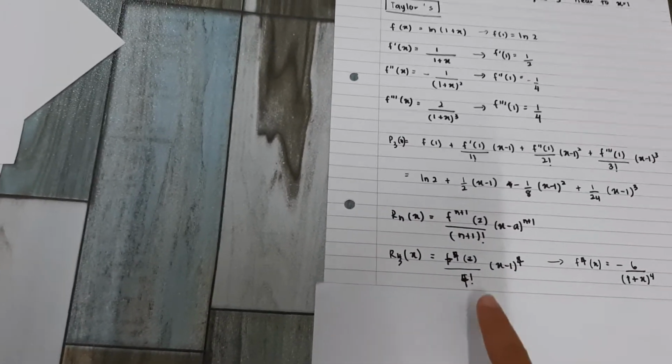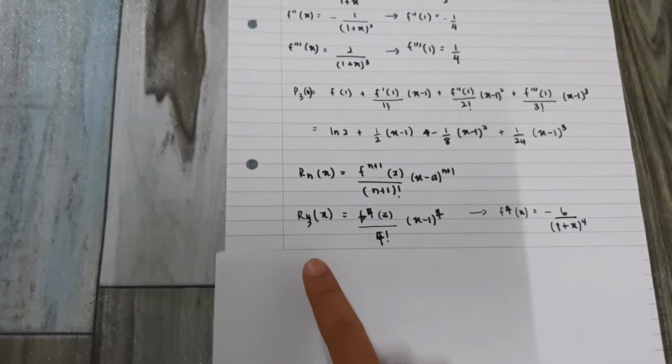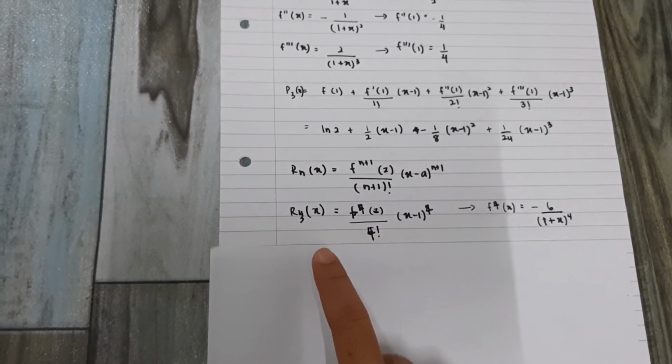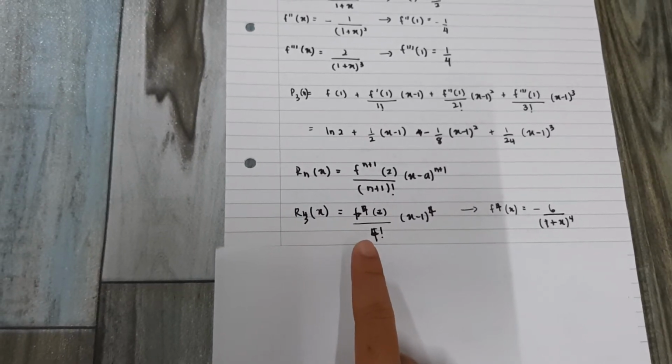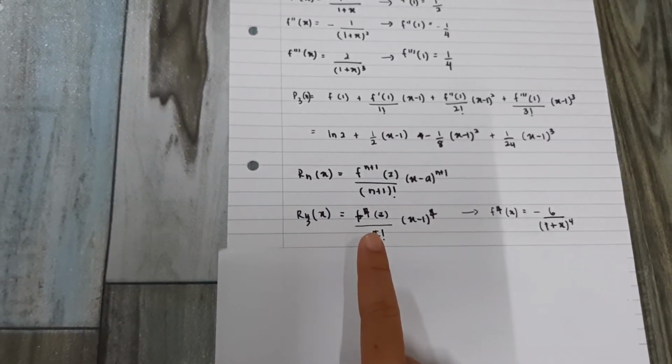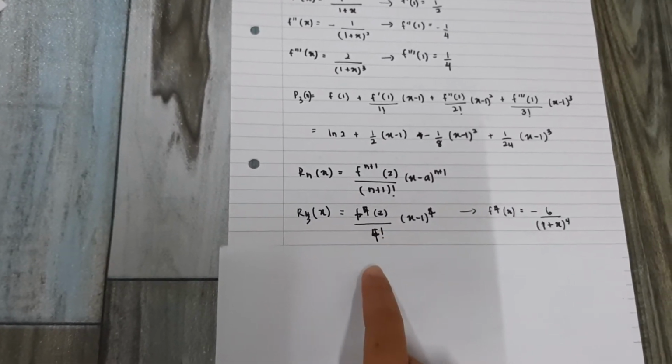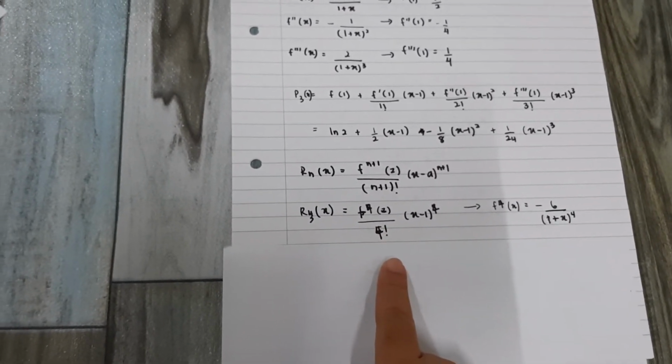So we already have the values, we substitute into the formula. Degree of 3, so n plus 1 is 3 plus 1 equals 4: f fourth derivative of z divided by 4 factorial times (x minus 1) power of 4.